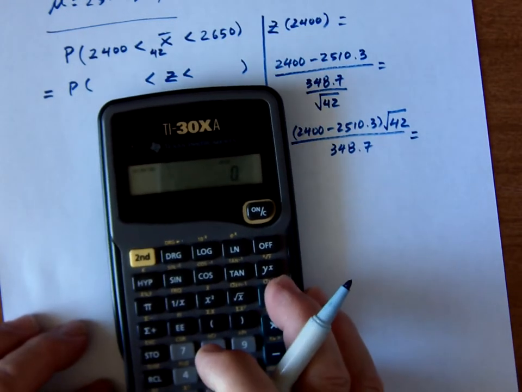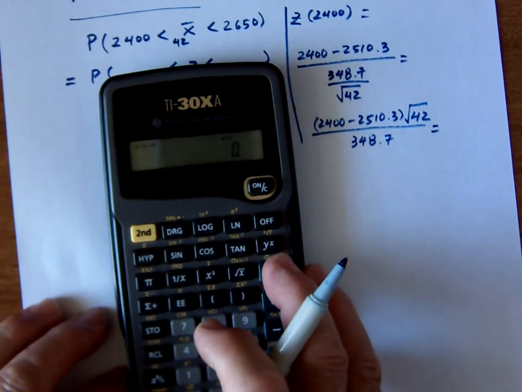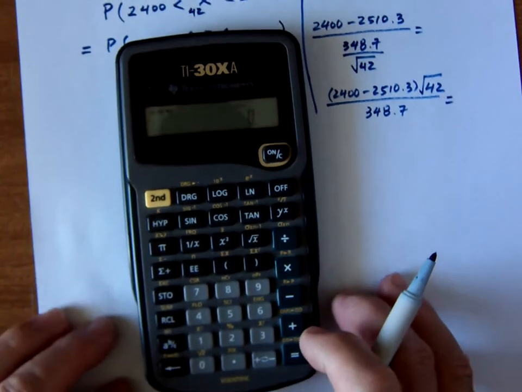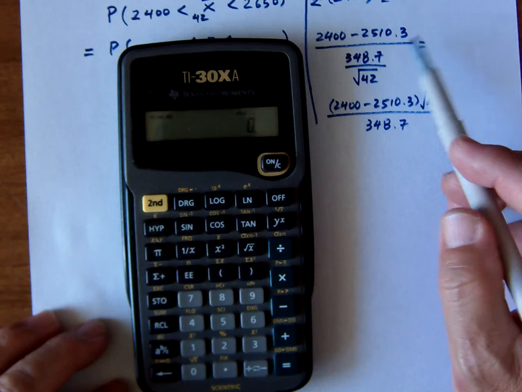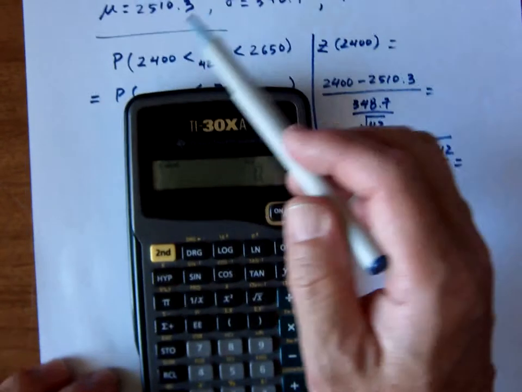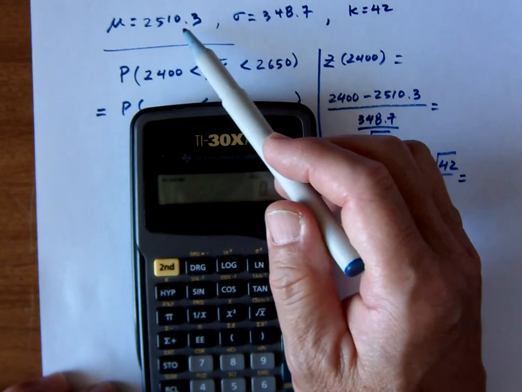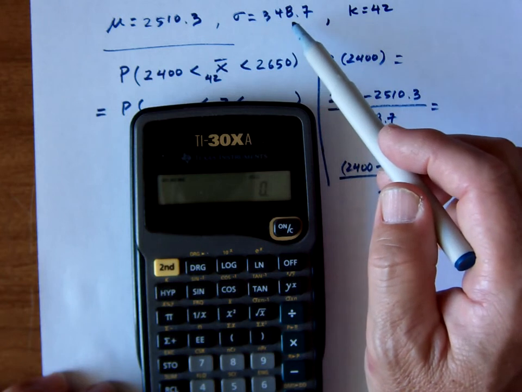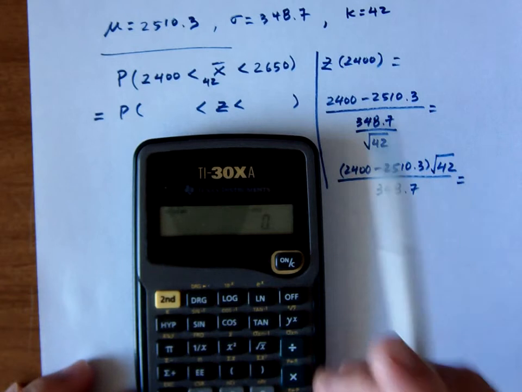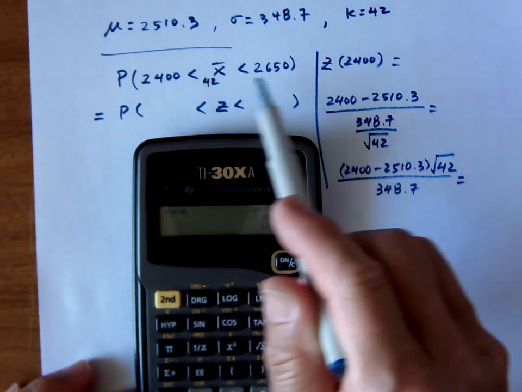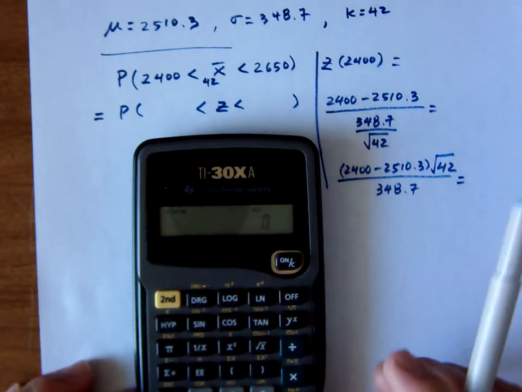Before I begin, I want to let you know that I utilize my memory function quite a bit, especially here when we know we will be entering this population mean of 2510.3 and standard deviation of 348.7. We're going to have to enter that at least twice because we do need to compute the z for each of these x mean values.